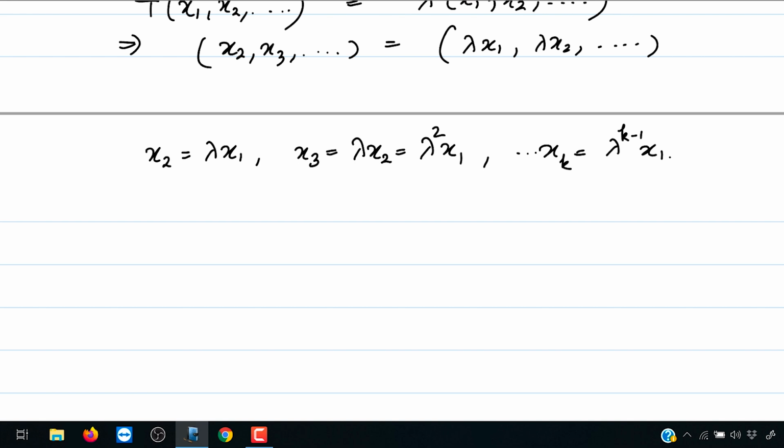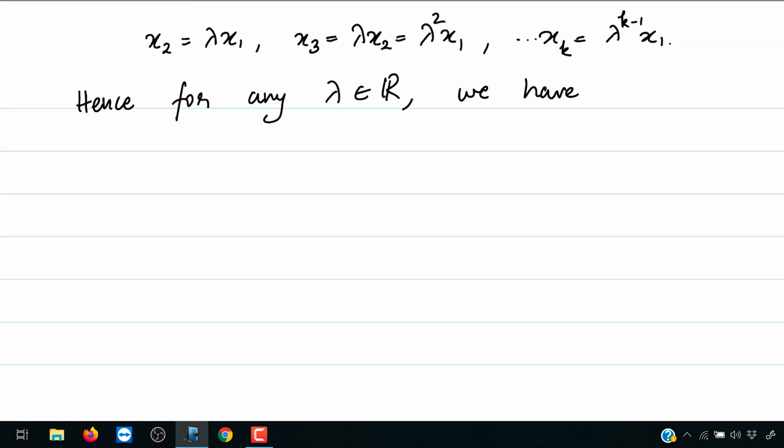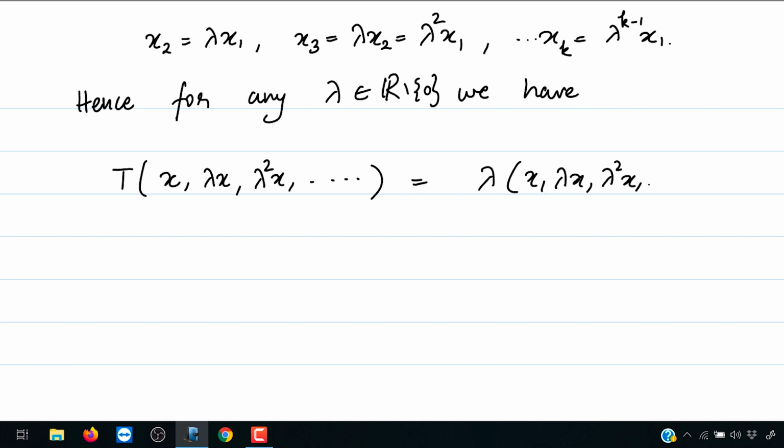So this forces the eigenvectors to be, for any lambda in R minus 0, we have T of (x, lambda x, lambda square x, and so on) is equal to lambda times (x, lambda x, lambda square x, and so on).